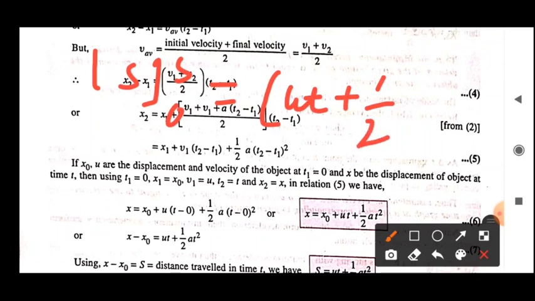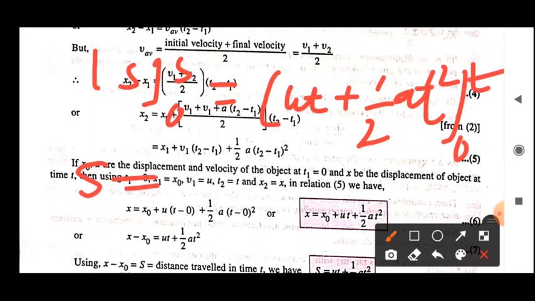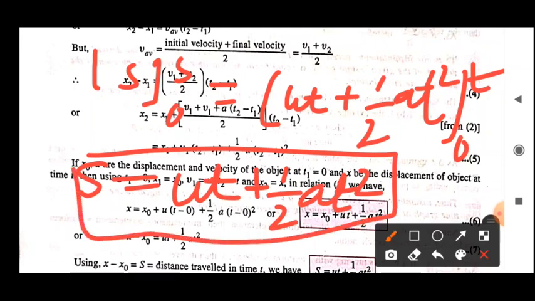As at you had, a you will take common, t its integration is t square by 2, so you will have half at square, and this is now 0 to t. So let's put the limit here. After putting the limit, you can see your formula will be s is equal to ut plus half at square. So this is our required relationship, and this is called the second equation of motion.